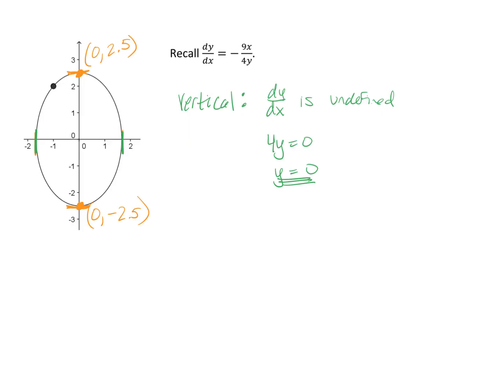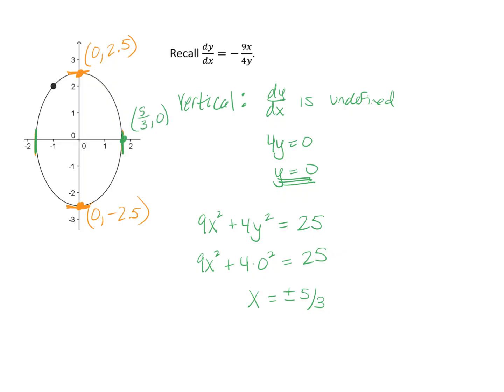To find the x values, I'm going to take the original equation, 9x squared plus 4y squared equals 25, replace the y with a 0 and solve for x. So I have 9x squared plus 4 times 0 squared equals 25. So x is going to be plus or minus the square root of 25 ninths, or plus or minus 5 thirds. So this point right here is 5 thirds comma 0, and this point is negative 5 thirds comma 0.